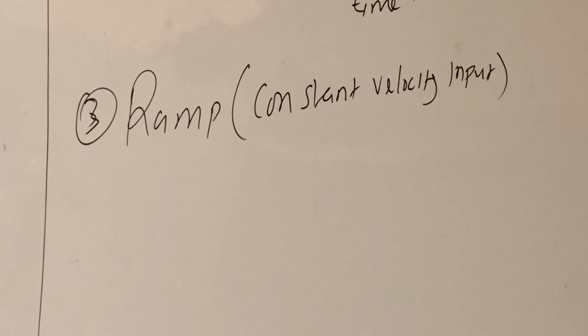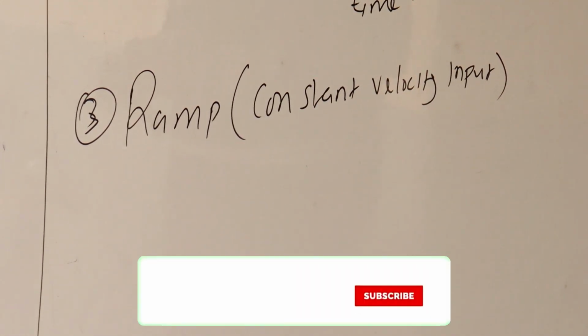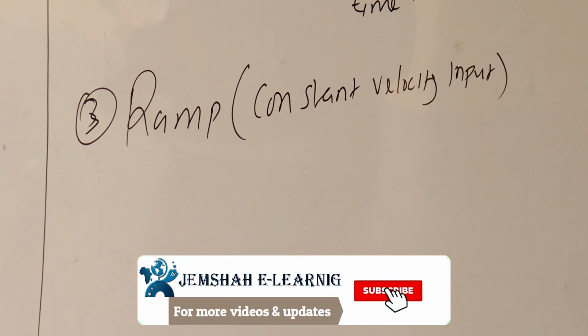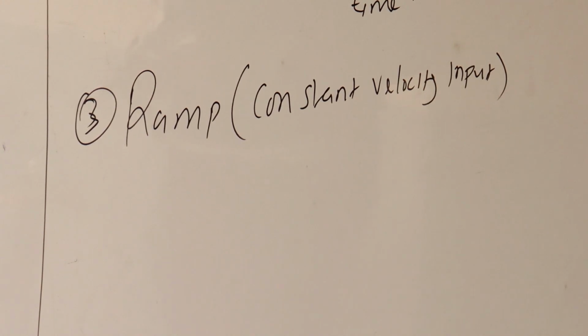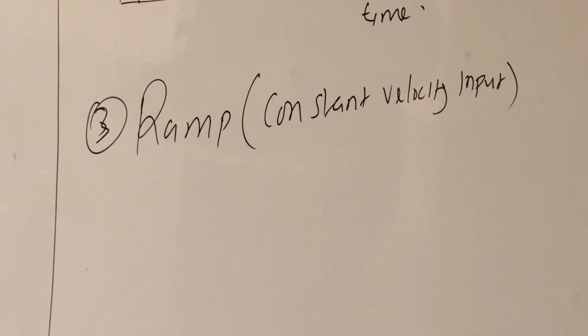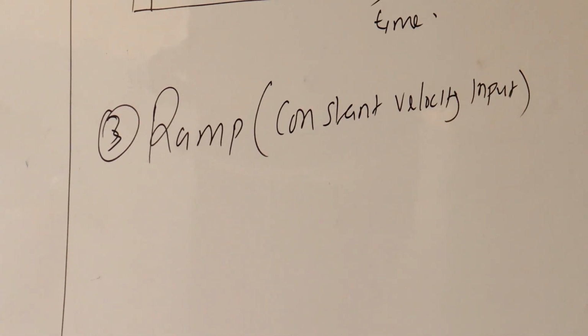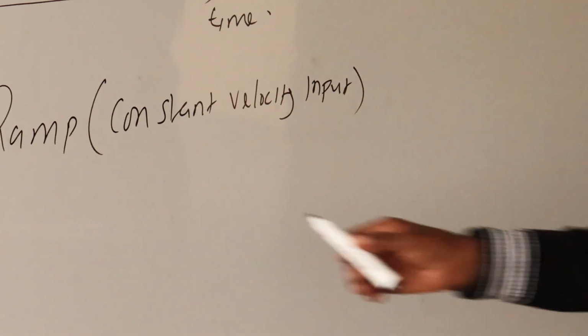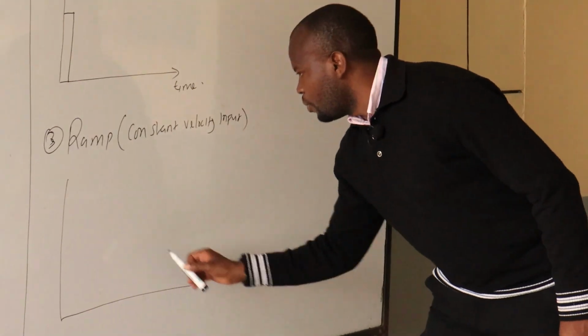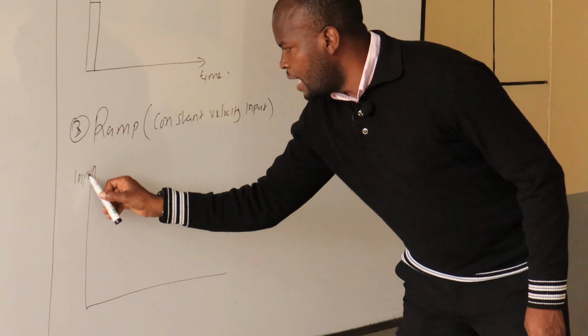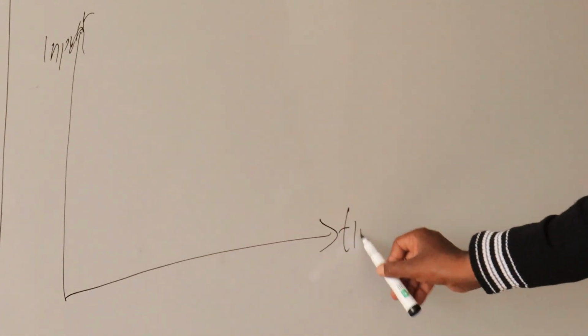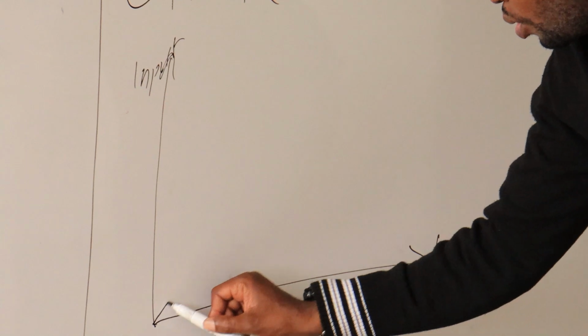When you talk about the ramp or constant velocity input, then we are simply talking about an input function whose magnitude increases linearly with time, like rotation of the input at a constant angular velocity. That is what represents the ramp input. Here we have the input against time, and it goes in that way.